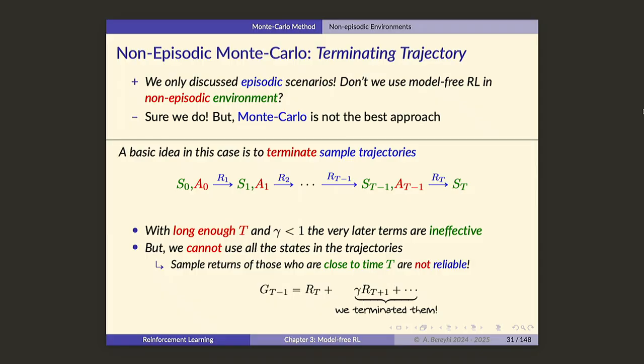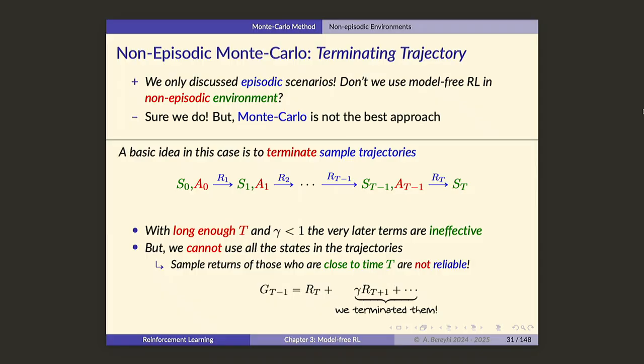Because if I am thinking of this T to be very large, say it is 100, and I'm talking about the sample return for the very first time, then it's going to be R1 plus discount factor times R2 plus discount factor to power 2 times R3, and so on. When it gets to RT, I already have gamma to power T minus 1.